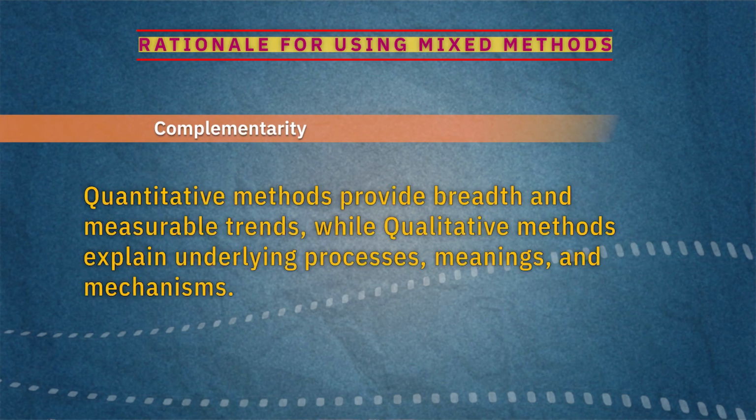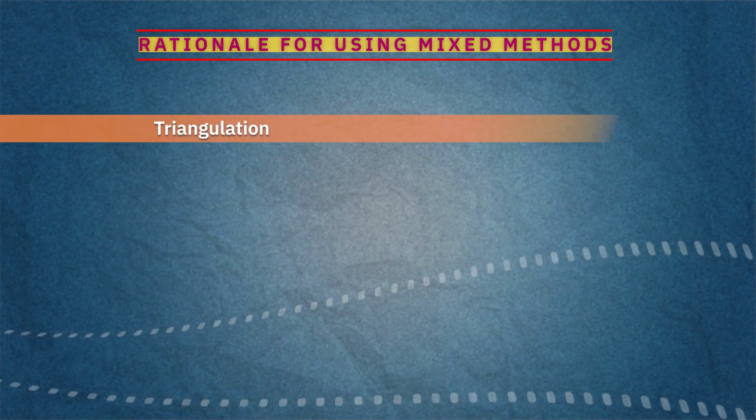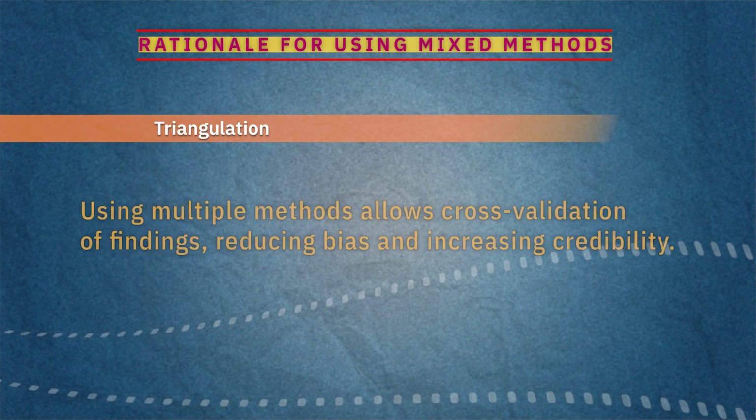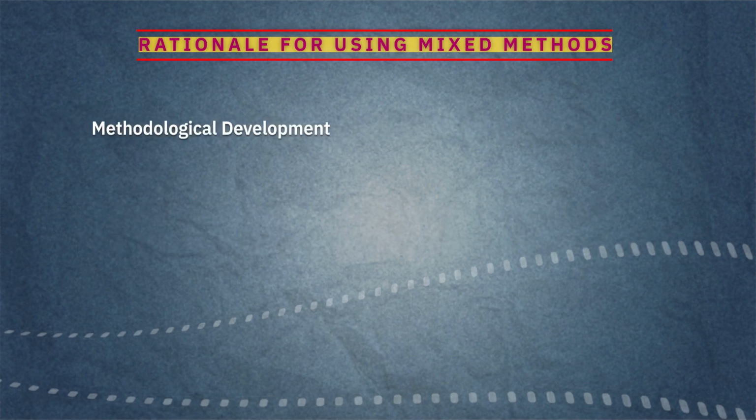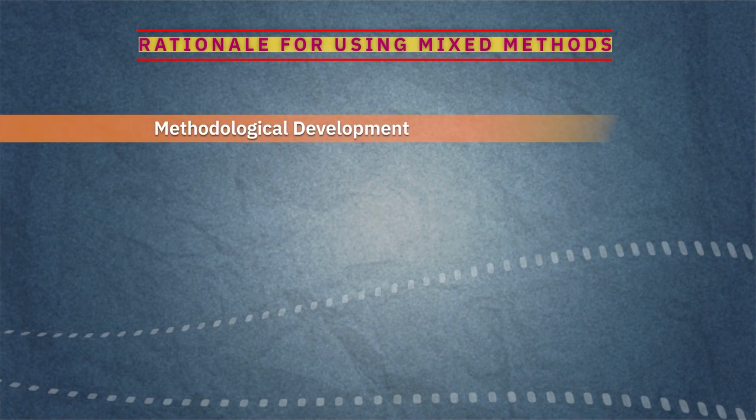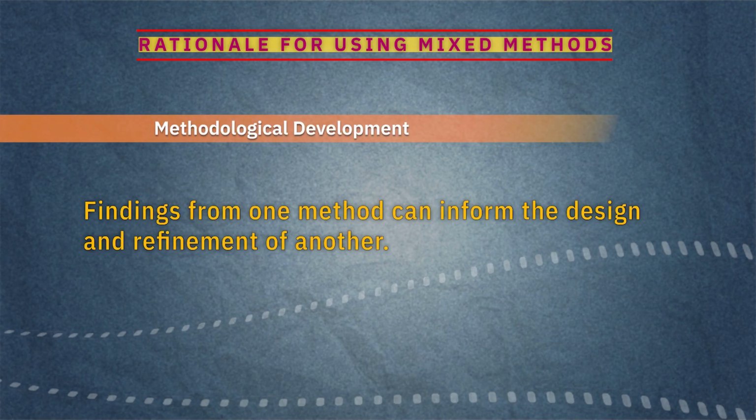The quantitative method provides breadth and measurable trends, while the qualitative method explains underlying processes, meanings, and mechanisms. Third, triangulation. Using multiple methods allows cross-validation of findings, reducing bias and increasing credibility. The fourth is methodological development. Findings from one method can inform the design and refinement of the other.